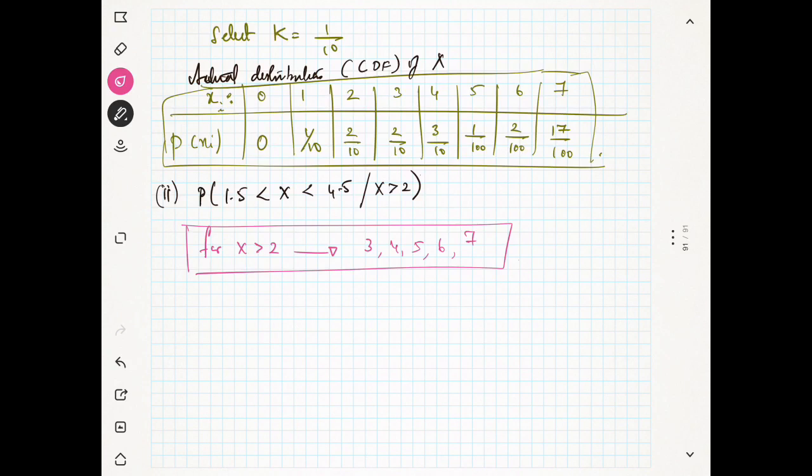Then the question is, given that x is greater than 2, what is the probability that it is between 1.5 and 4.5?